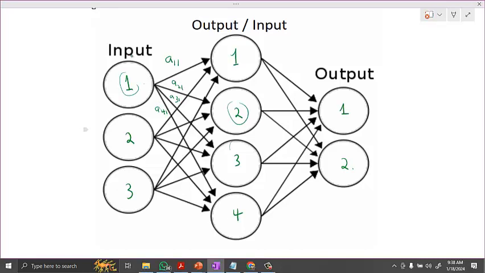Okay. And then I also have here, if I'm going from 1 to 1 here, this would be B11. And then this from 1 to 2 is going to be B21. And this one from 2 to 1 would be B12. Wait a minute, I think I have this wrong.